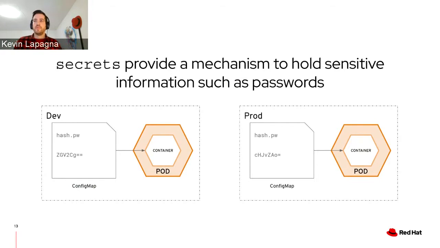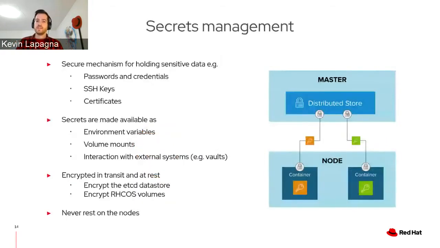So you can put in there your passwords, credentials, SSH keys and certificates, and OpenShift will make sure that these secrets are encrypted in transit, and they're also encrypted at the file system level all the time, and they're ephemeral. That means as soon as a container stops, the secret is gone as well.